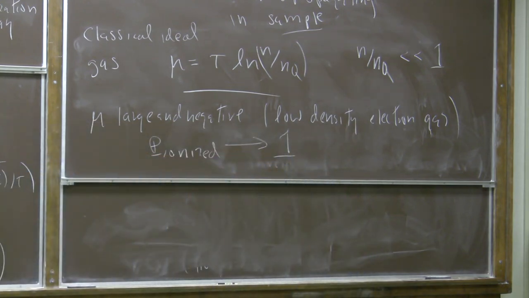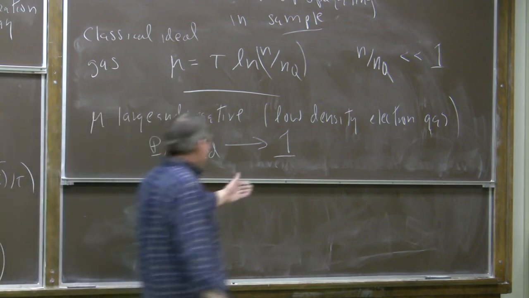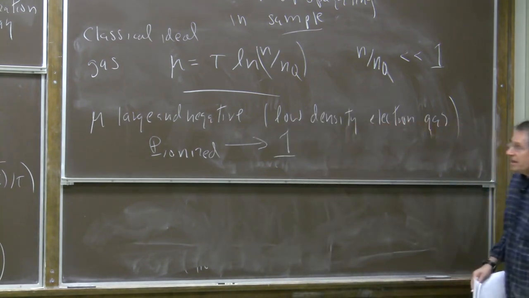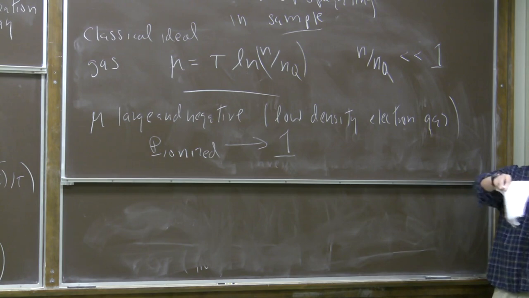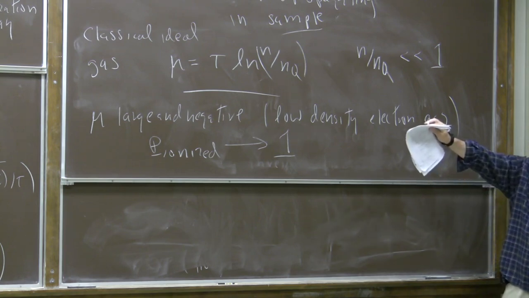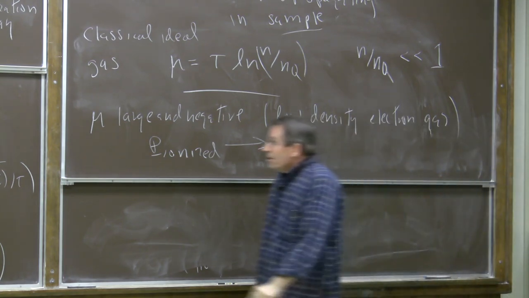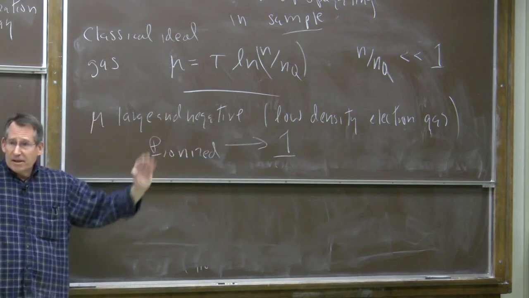So the point is that when the electron gas is very dilute, there are many places for the electron to go if the atom becomes ionized. And so it can happily gain the energy that it needs to escape because there's a huge entropy gain. Lots of places for the newly liberated electron to go when it joins the rest of them, because there aren't very many there.